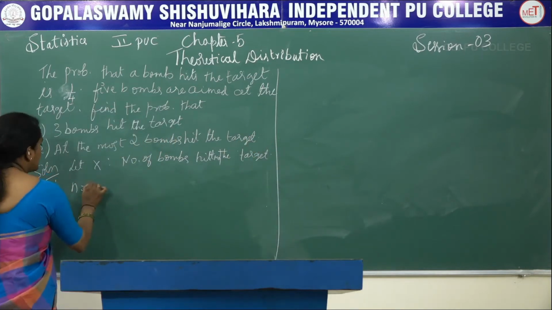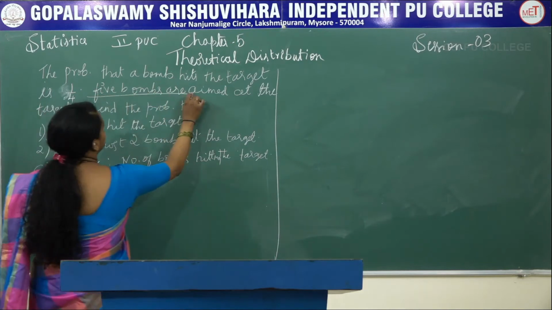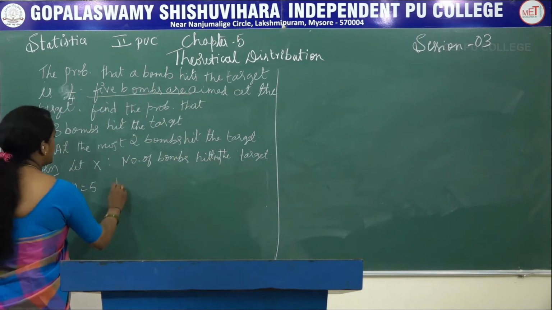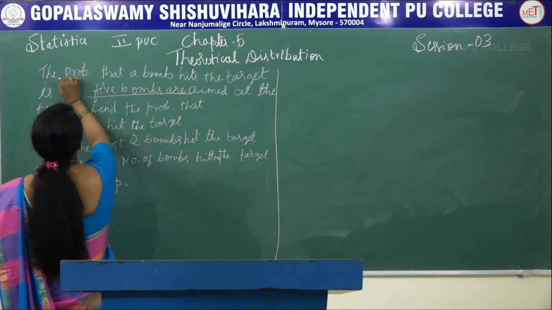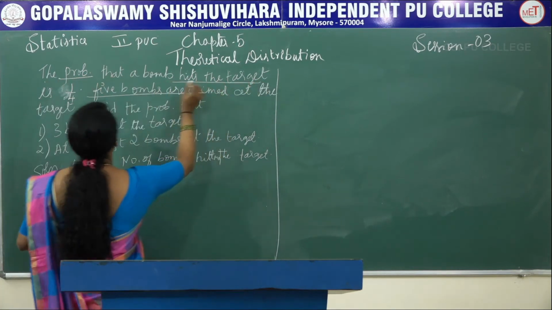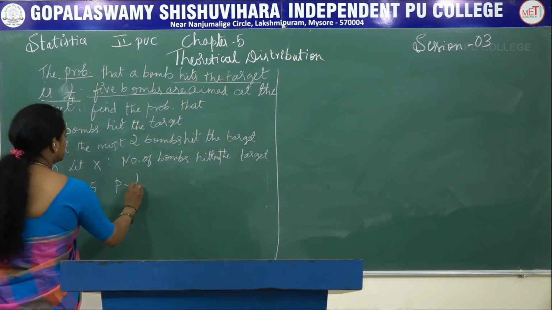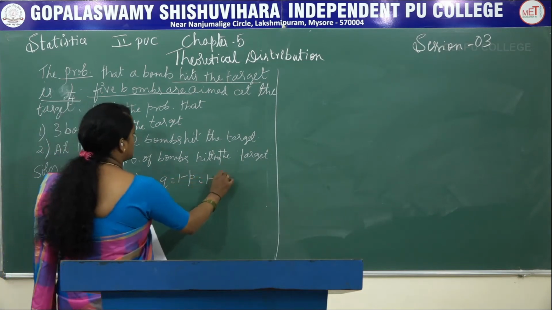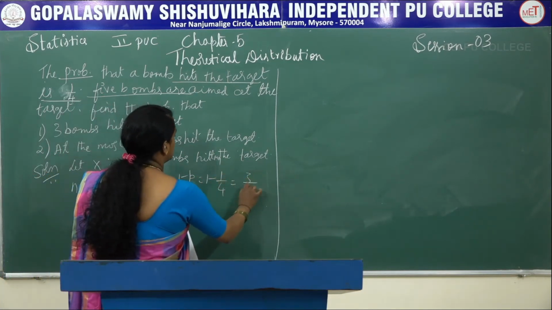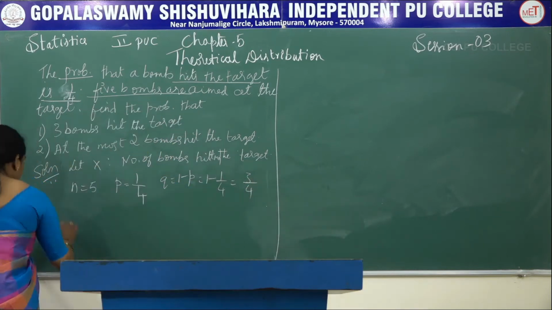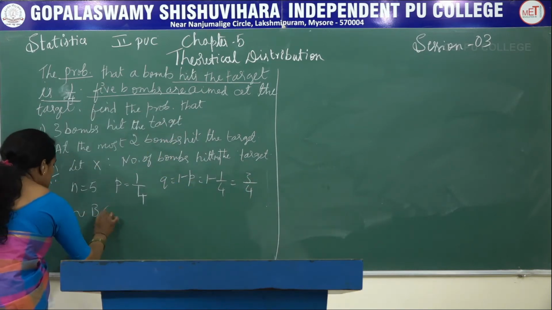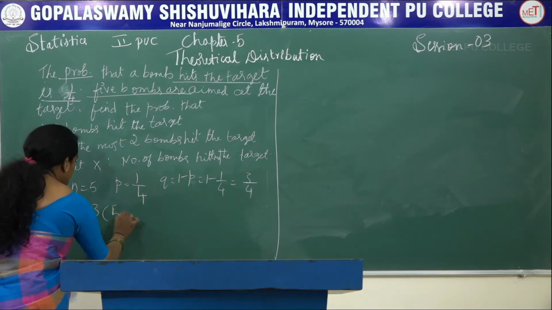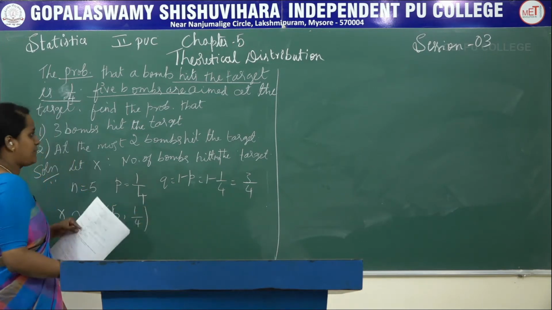And here n equals 5 because 5 bombs are there, and P, probability of hitting the target is 1 by 4. Q is equal to 1 minus P, this is 1 minus 1 by 4, or it is 3 by 4. So your X follows binomial distribution with n equal to 5 and P equal to 1 by 4.